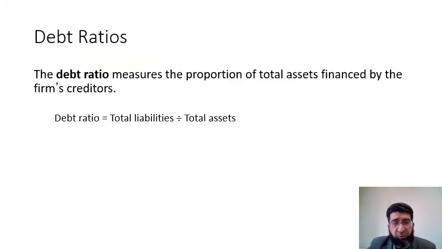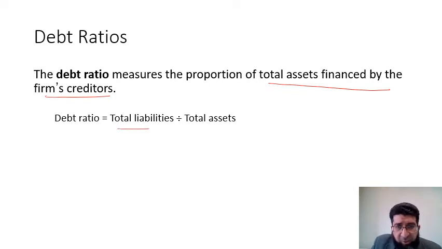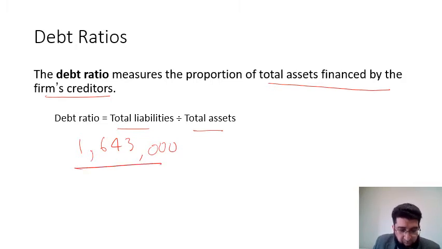So what are the debt ratios? Debt ratios measure the proportion of total assets financed by the firm's creditors. Total liabilities divided by total assets is the debt ratio. We can see that this comes out to be 1,643 million divided by 3,597, 3.5 million.